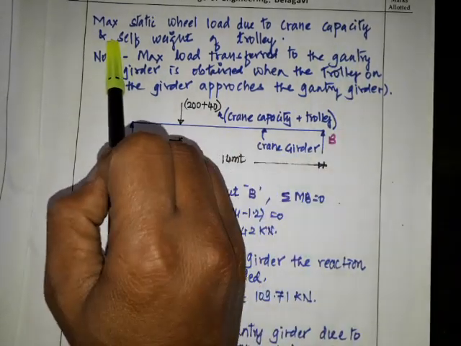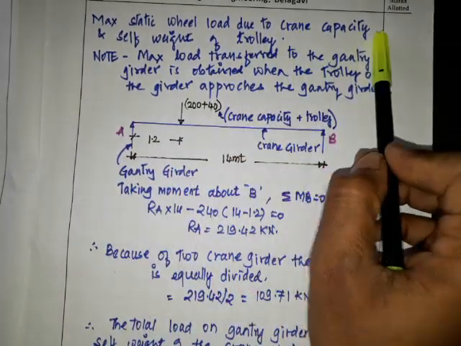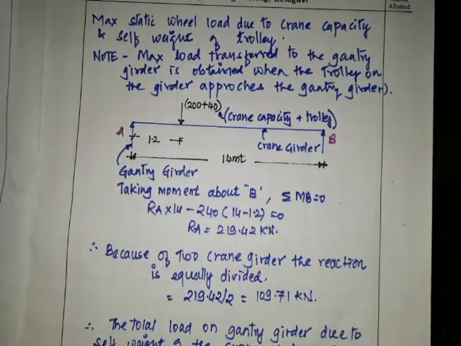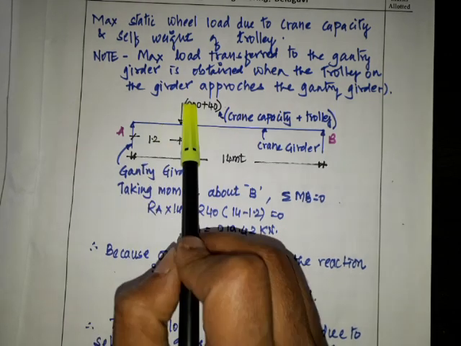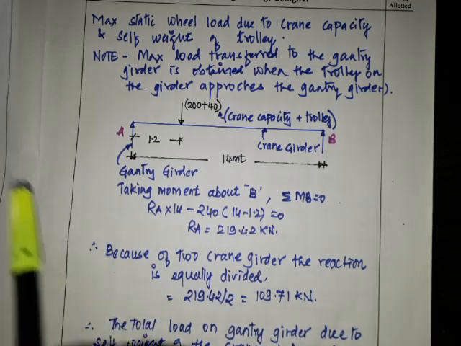Crane capacity and self-weight of the trolley. So the crane has to transfer some load, and the capacity of that crane is 200 kilonewton. So it can pick or transfer a load up to 200 kilonewton, correct? So that's why it is given.